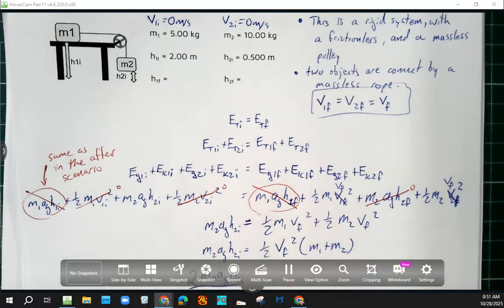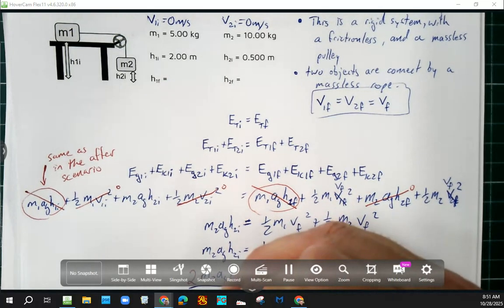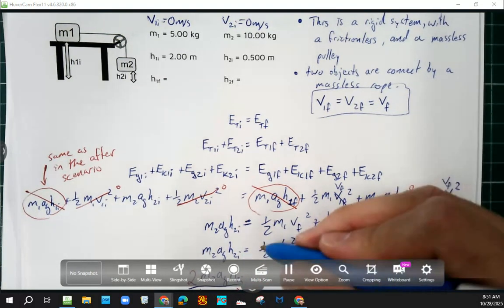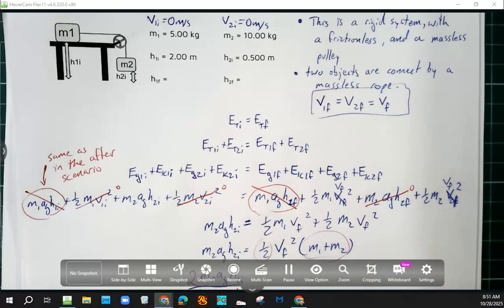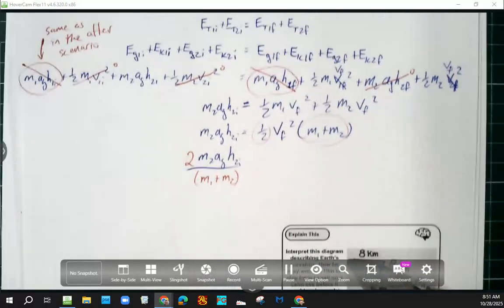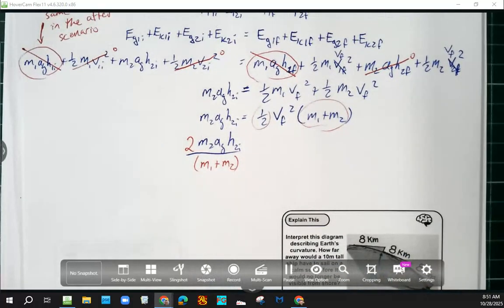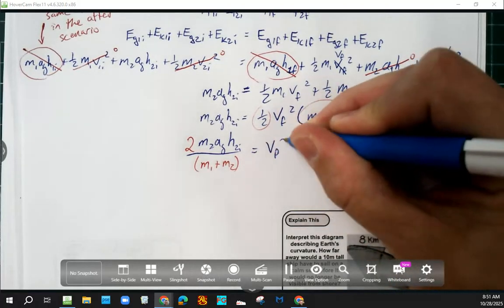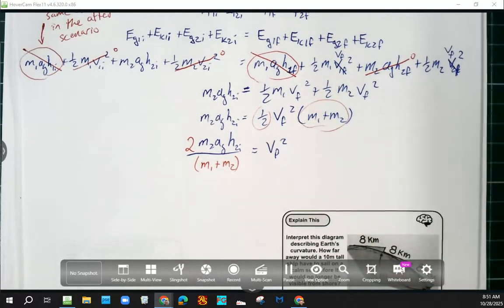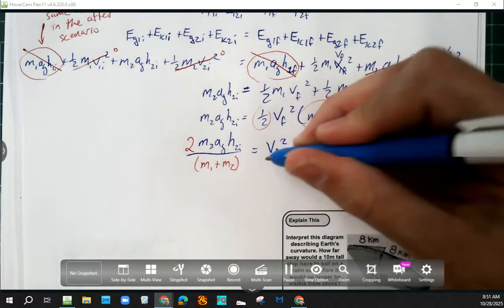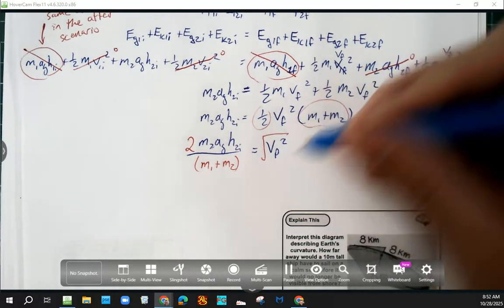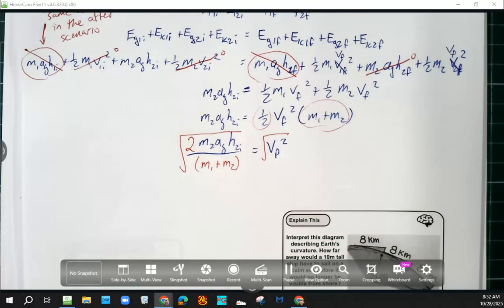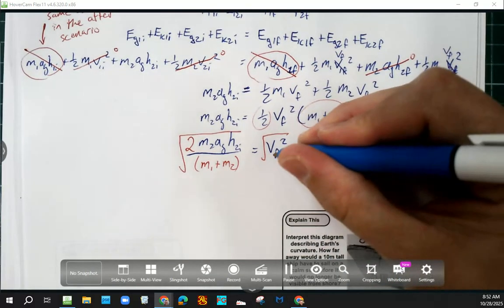And I also think I'm going to divide by M1 plus M2. Right? I'm talking about dealing with this and dealing with this. Sorry, I'm off screen. And that's going to be equal to VF squared. But then just because I'm kind of on a roll here, maybe I'll get that VF square rooted. Make that look all F-ish.